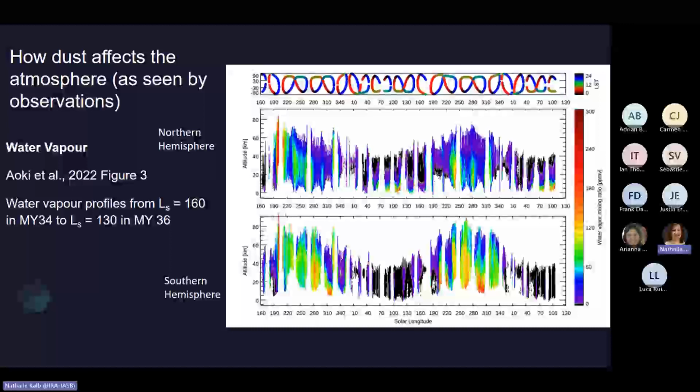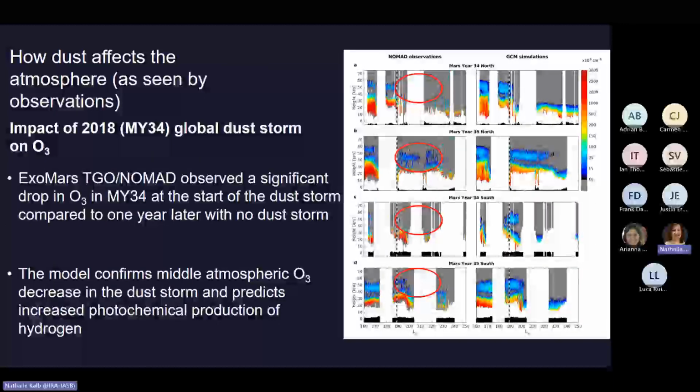And then we've got another dust season here, 35, and this is just going into Mars year 36. So this is water vapor in the northern hemisphere, and it's going up quite high. And also in the southern hemisphere, going up to 80 kilometers. So dust not only impacts temperature, but other trace gases.